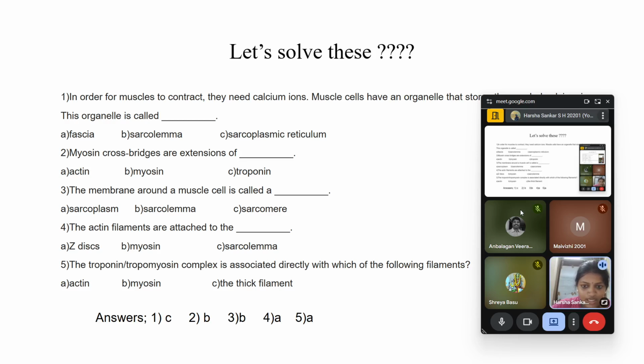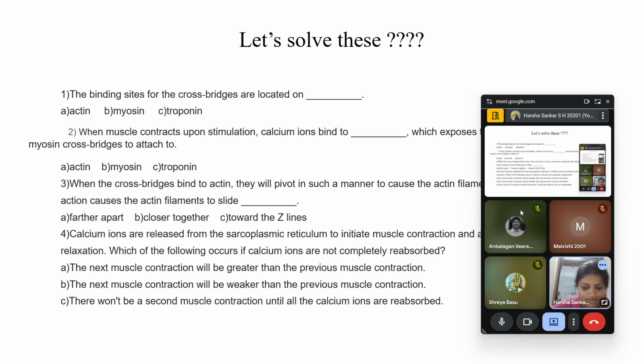Now next question is, the binding sites for cross bridges are located on. Again, be careful, okay? We discussed already the difference between actin and myosin. The binding site for cross bridges are located on dash: actin, myosin, troponin. Where is the binding site present for cross bridge formation?